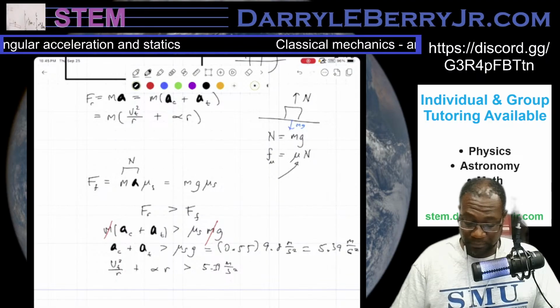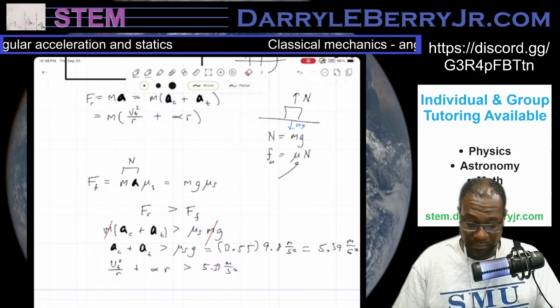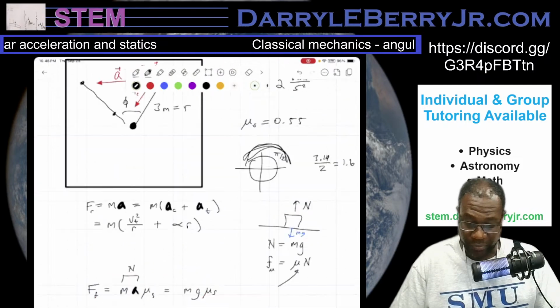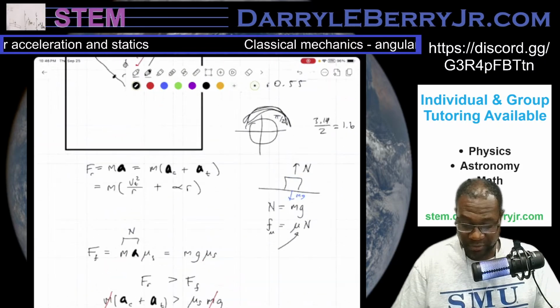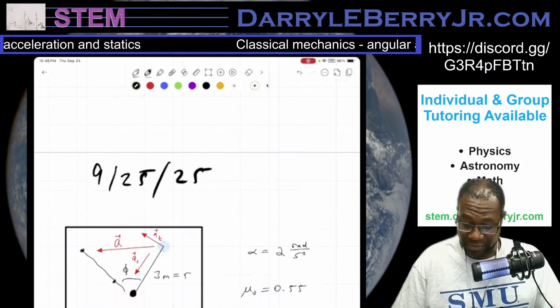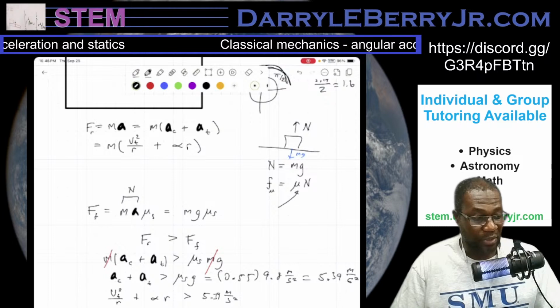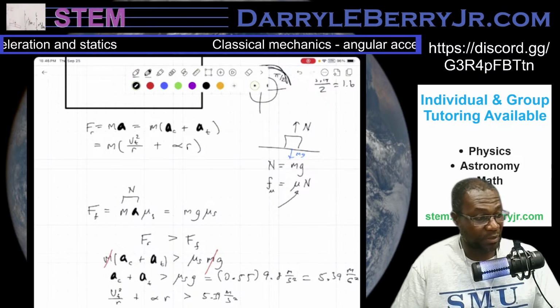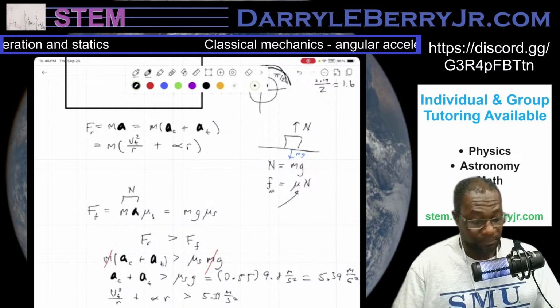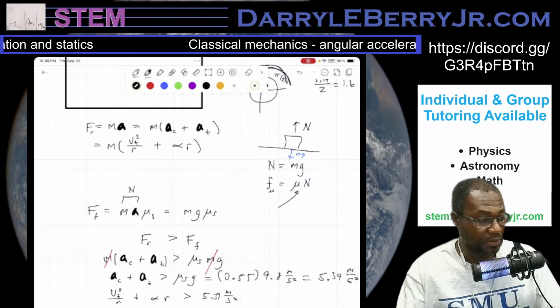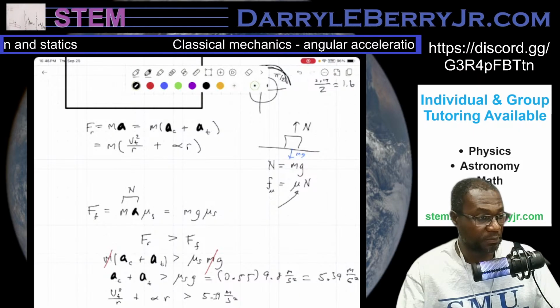Let's take a look and see how we can solve for these components. We have r, we know what r is. We're actually given the angular acceleration, so we have that. All we need to do to finish solving the problem is get the translational acceleration, the translational velocity, I meant to say.